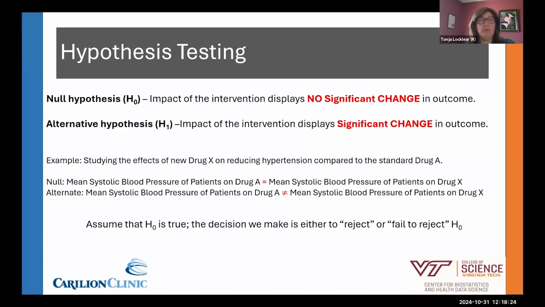We assume that the null hypothesis is true because that's what our background and previous experience has been. Then our decision, based on whether or not we end up with a statistically significant difference, will be to either reject the null or fail to reject the null. So we're showing whether the data supports or does not support the null hypothesis. And that's how you go through hypothesis testing.